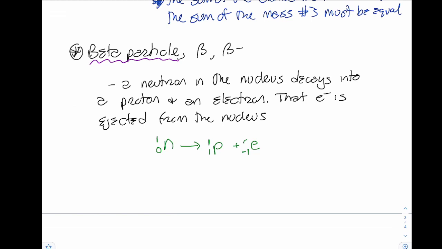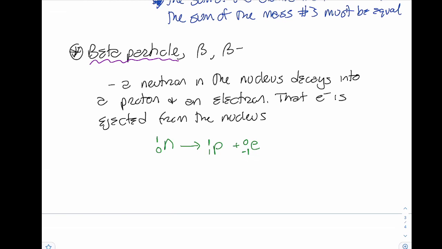And then electrons don't contribute to the mass number, so we put a 0 up there. And if we look at this, it actually is balanced, right? Here I have a 1 and a -1, which sums to 0. Here I have a 0 and a 1, which sums to 1. The mass of a neutron and the mass of a proton are very, very similar. Remember, the mass of an electron is much, much lighter and often considered negligible.